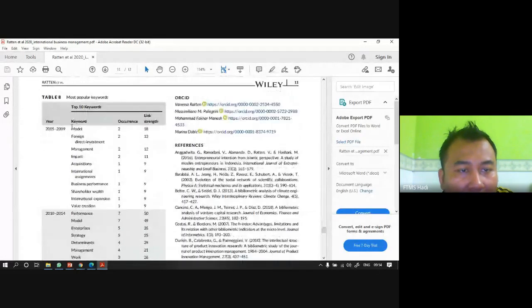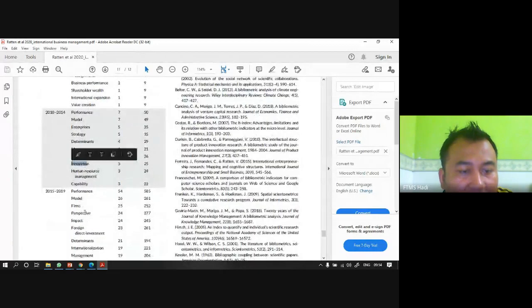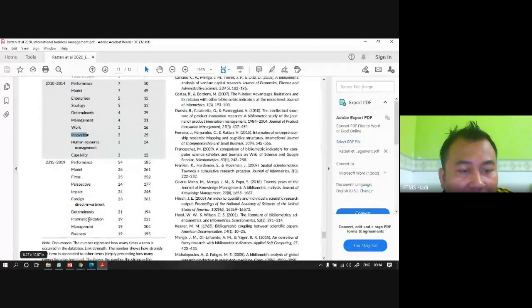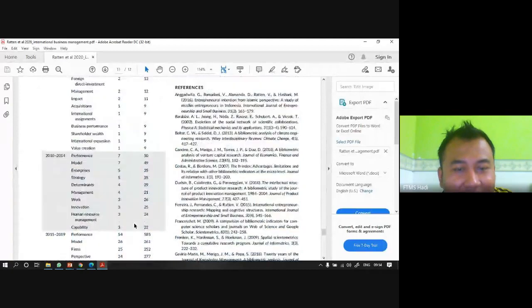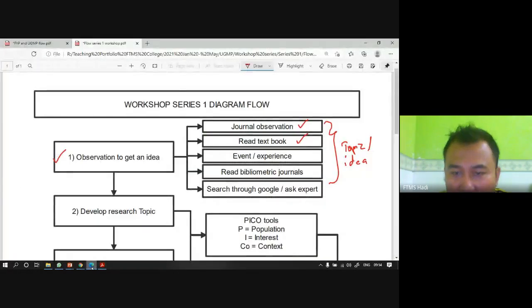This one, the keywords used: foreign direct investment, acquisition, shareholders, international expansion, innovation, what else? Determinants, of course, factors. So bibliometric reports the most topics that are published in the research. So they give you an idea as well. Yeah, read bibliometric journals, done.